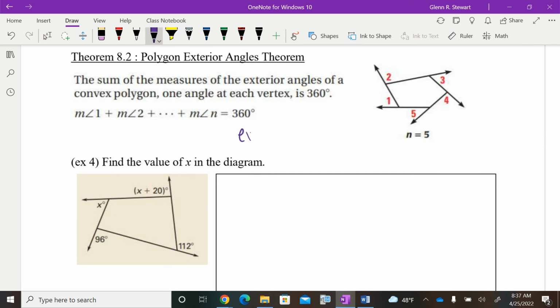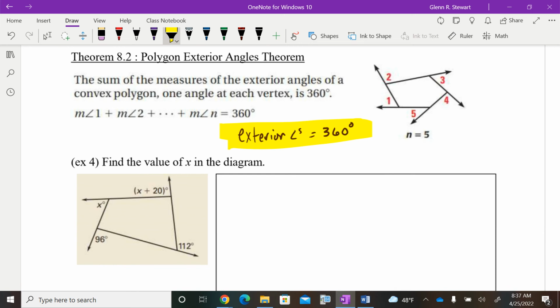Exterior angles always equal 360 degrees. So no matter how many angles you have on something, if I draw a straight line out from it and look at what that angle measure would be, they would always add up to 360.